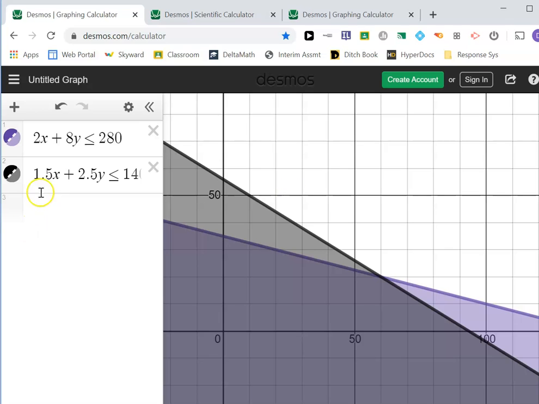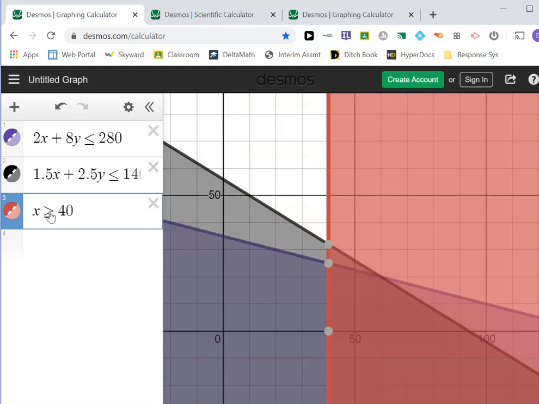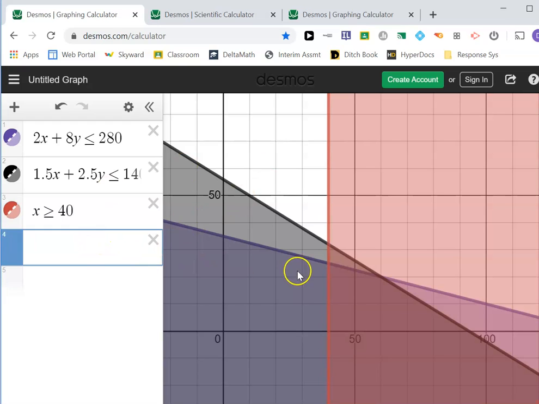It's especially nice if somebody comes along and says, wait, we need to make at least, say, 40 chairs. Okay? So I'm going to type X is greater than or equal to 40, and that puts a new inequality on there that describes the fact that you have to make at least 40 chairs. Okay?